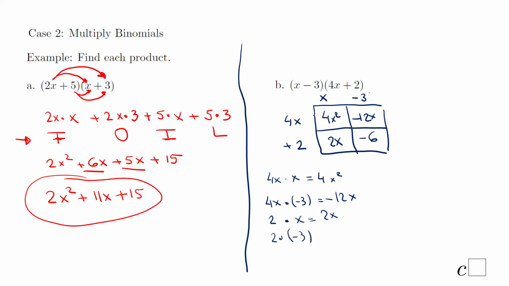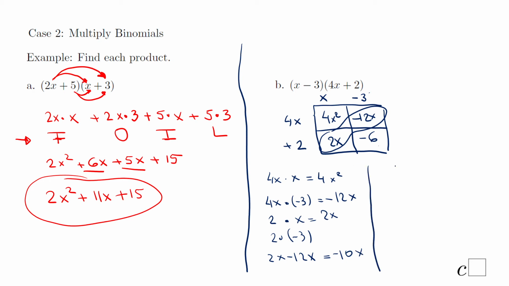Now we have to do one more thing, which is to combine like terms in this rectangle if we have them. Most of the time you will have like terms, like in this case we have 2x and negative 12x. So 2x minus 12x will be negative 10x. I did the math here on the side.